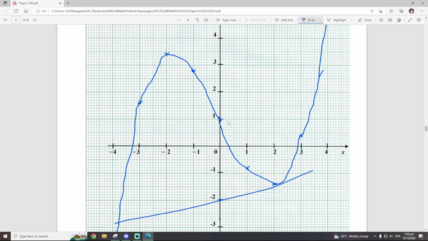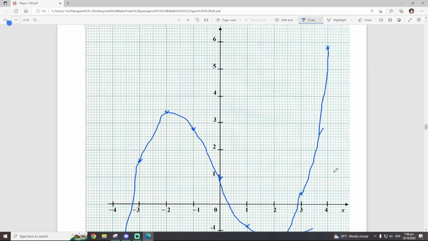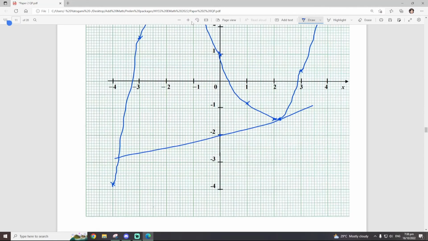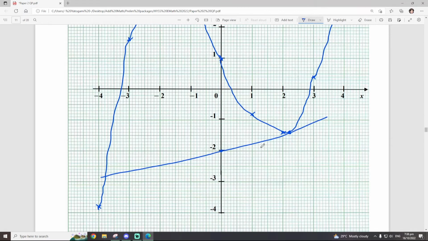Okay, so the idea is to find the tangent at this point. My answer is probably going to be quite off the mark, but I think you'll understand the method. So pick a point on the line which lies on the grid lines. Actually we can pick -2, 0. And the other point I'm going to pick is this one. What point is this?